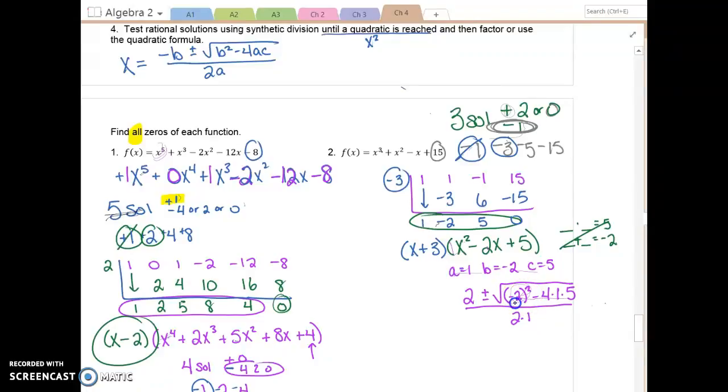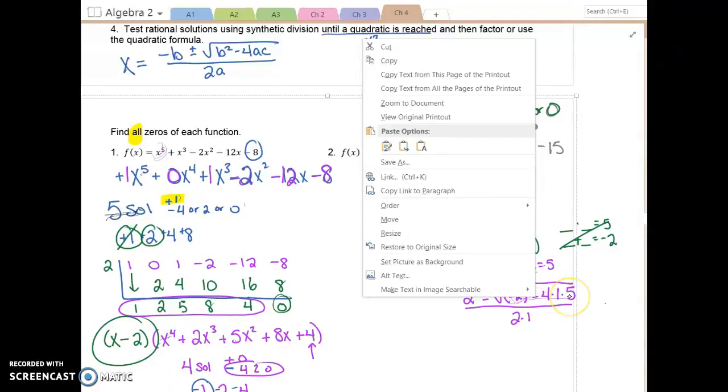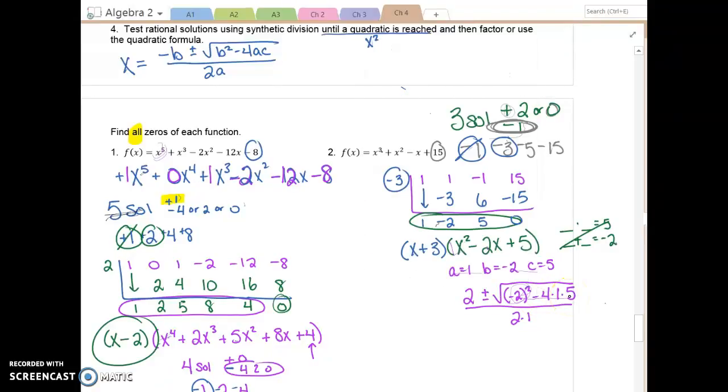If you do this in your head, negative 2 squared is positive 4. Positive 4 minus 20 is negative 16. Did I do that correctly? 4 minus 20 is negative 16.